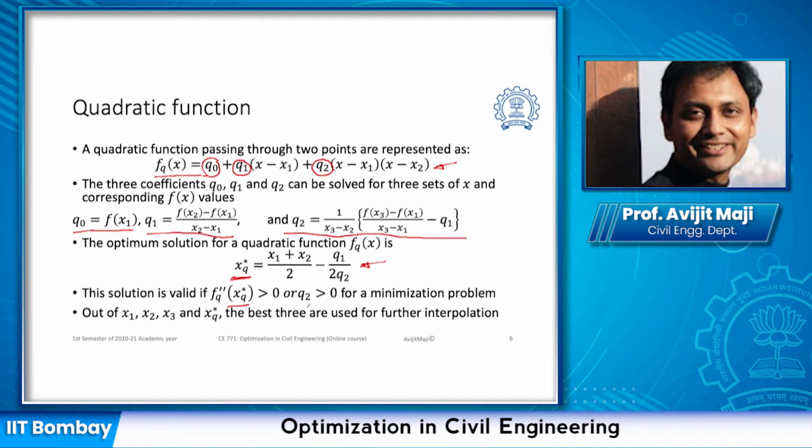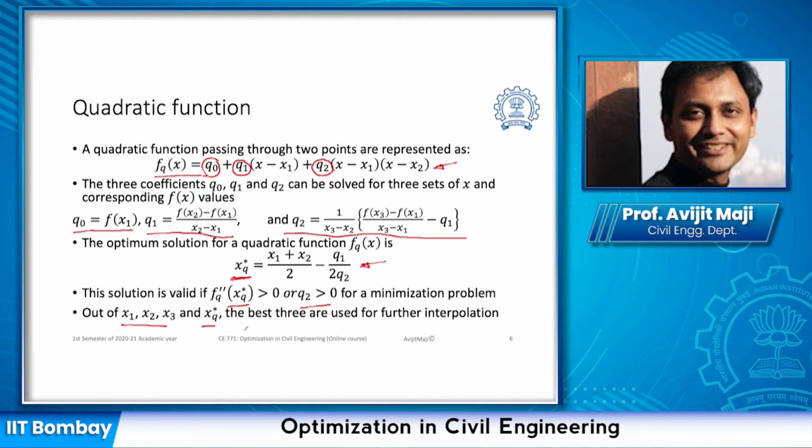Or in other words, if we say that q2 is greater than 0, then we have the valid solution. And once we have the valid solution, we need to compare the function values at the 4 points. 3 we already know, the fourth point is the optimum point, and we can keep the best 3. The preferred option should be the best solution with a bracket on either side.